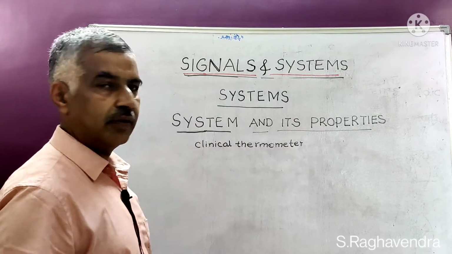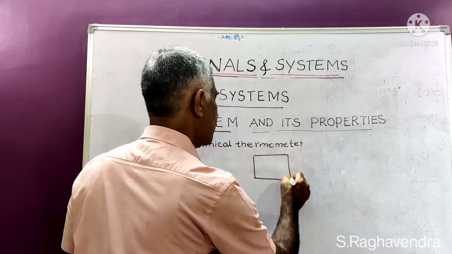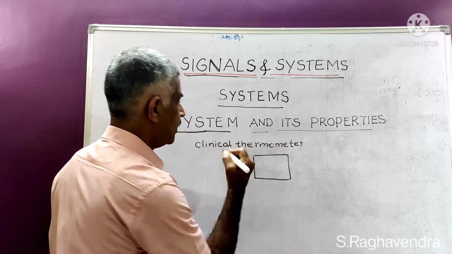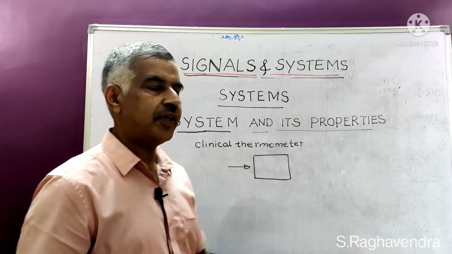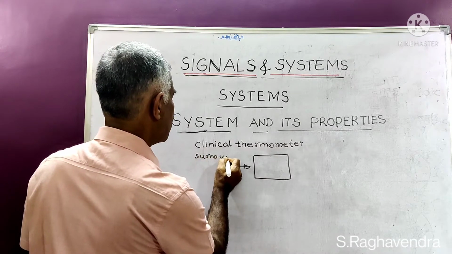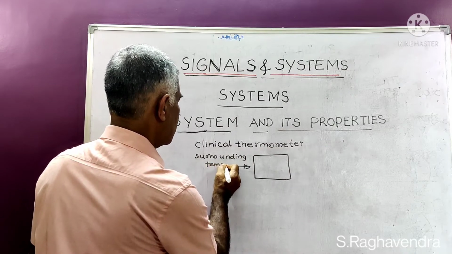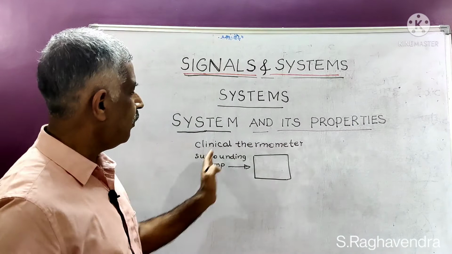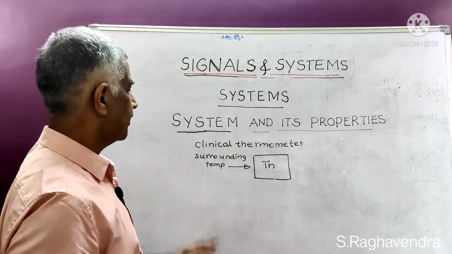So a clinical thermometer is a system, and the cause is the surrounding temperature, ambient temperature. Temperature is a measure of heat, that's all. So surrounding temperature, this is the thermometer example.